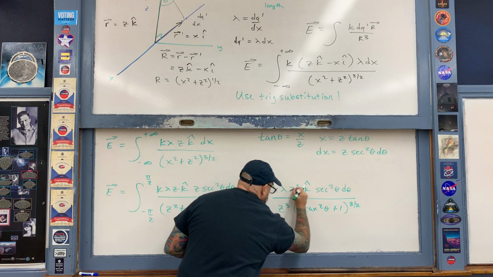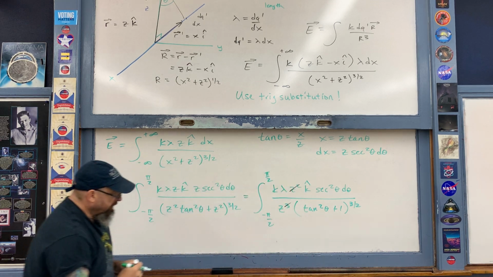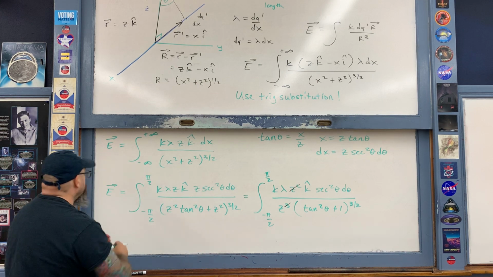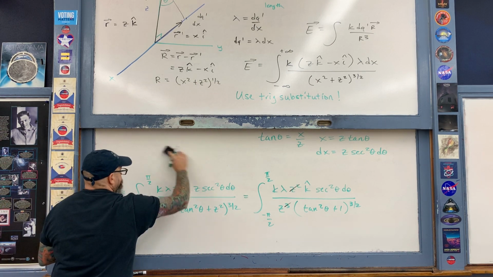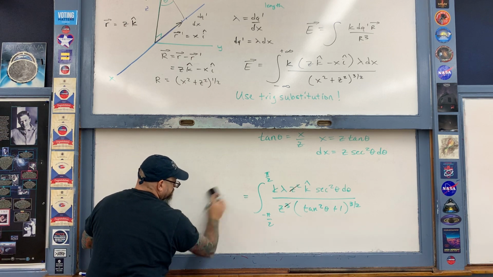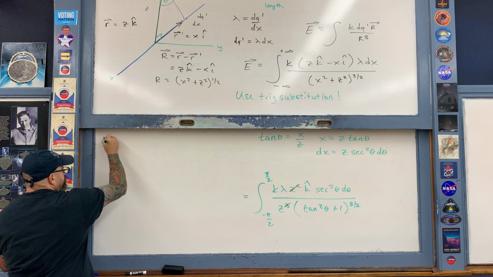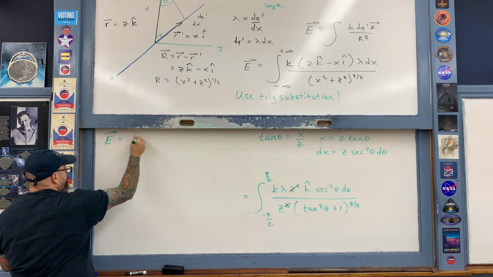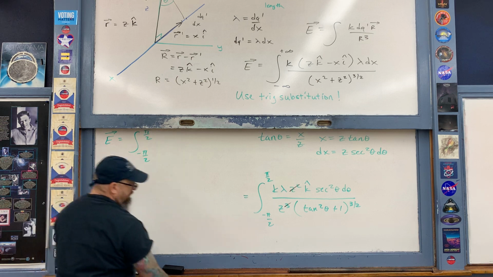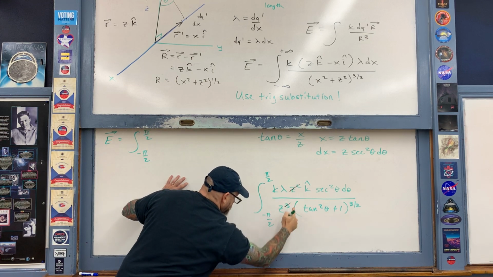Okay, a z squared cancels here and here. We have a z that is left behind. Okay, let me go ahead and do some erasing here. Let's get rid of all of this. Okay, and then here's what's left. Okay, so k lambda k hat over z.